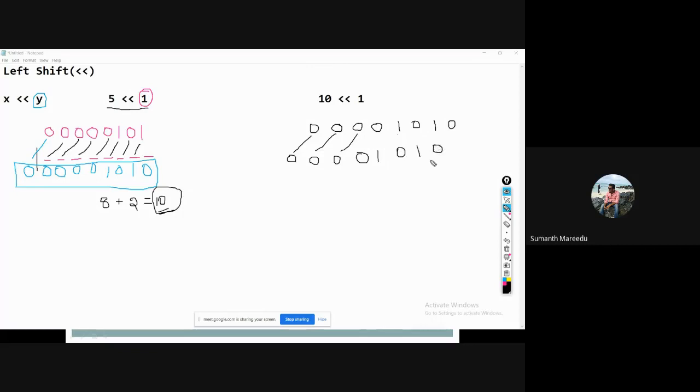These are the actual 8 bits, which will move towards left by 1 position. So the rightmost position is empty. If you move towards the left side, the rightmost position becomes vacant. Vacant positions I am simply replacing with zeros. Now the actual value you need to consider is 1010. So what is the decimal representation for this?